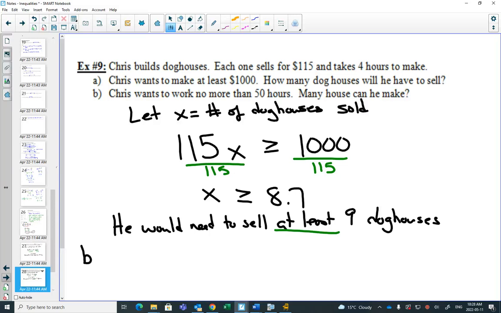Now for part B, Chris wants to work no more than 50 hours. So now we're talking about hours. Each doghouse takes 4 hours. So does it make sense that every doghouse that he makes will be 4 times x?